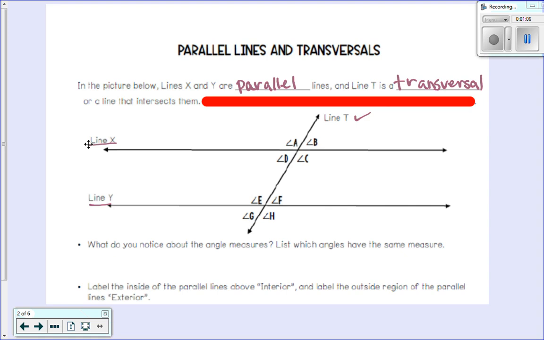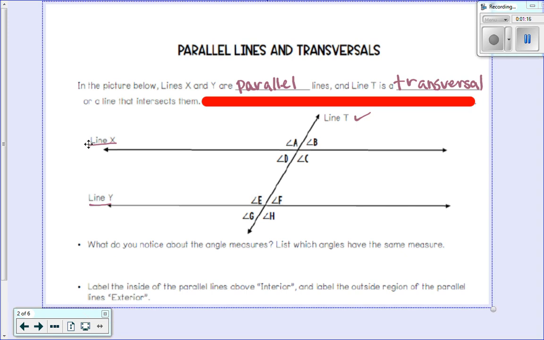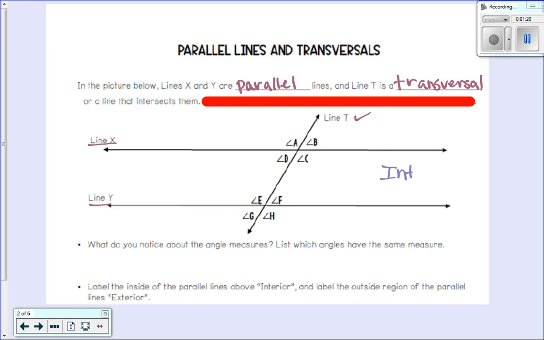So let's go ahead and label inside of the parallel lines. Inside the parallel lines, we're going to label it interior, because they are inside the parallel lines. So this group right here, angle D, angle C, angle E, and angle F, they are interior angles.